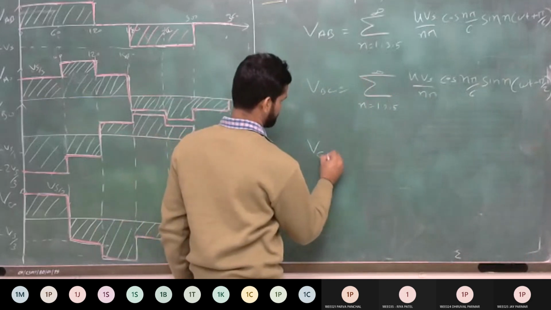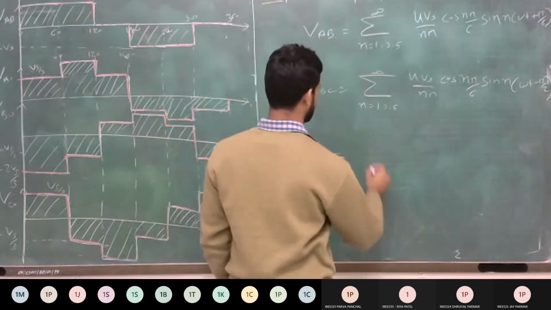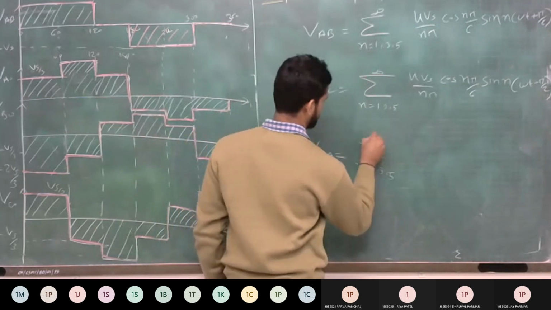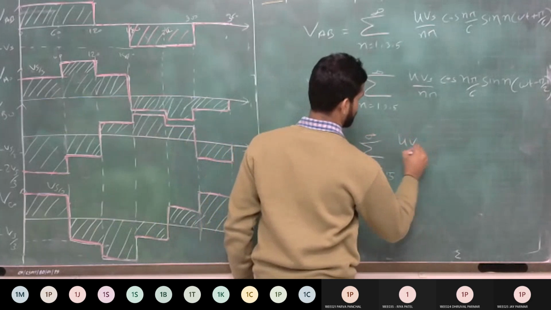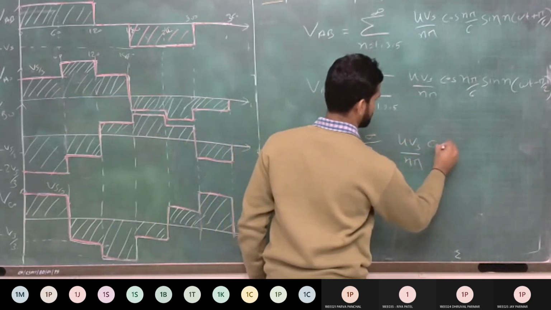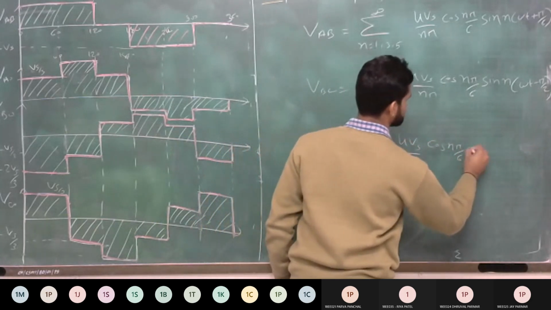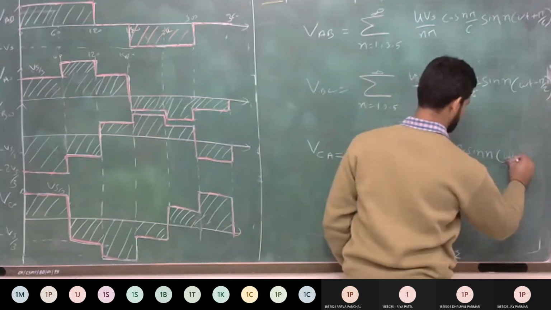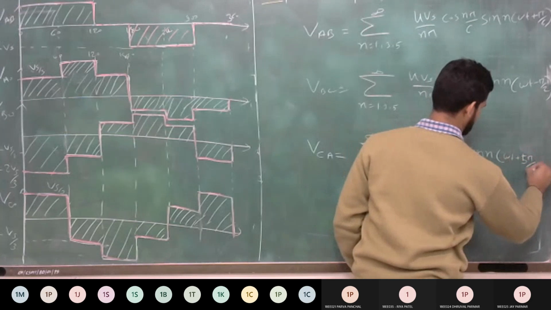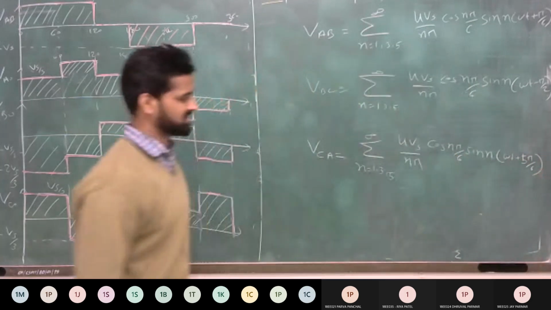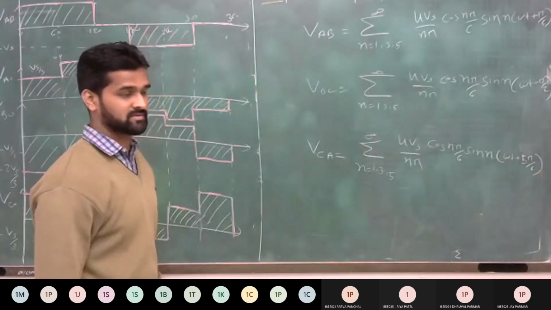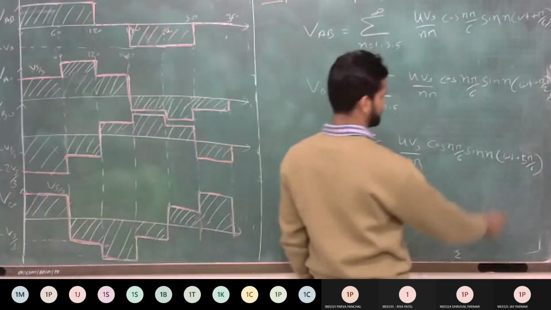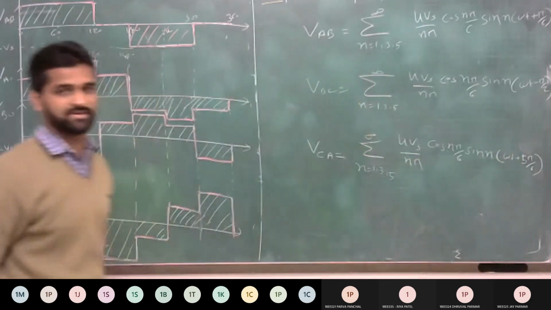In the same way, VCA is the summation of n equal to 1, 3, 5 up to infinite, 4 Vs by n pi cos n pi by 6 sin(n omega t plus 5 pi by 6). 5 pi by 6 is 150 degrees, so there is a phase difference of 120 degrees.